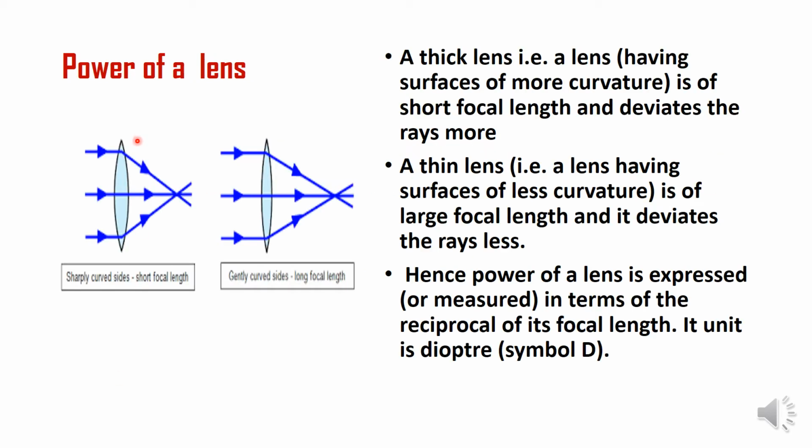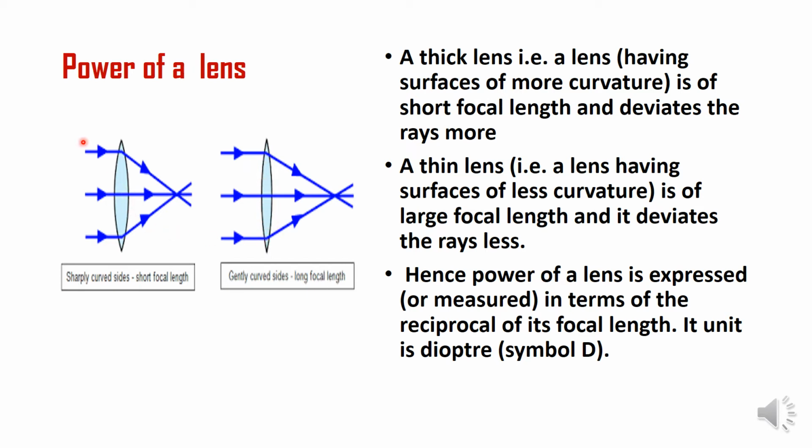Let us consider two lenses. See here, which lens is this? This is a convex lens. This is also a convex lens, but this lens has a more curved surface. It is more curved, it is more thick. This lens is more of a thin lens, a flat lens, isn't it? It has less curvature.